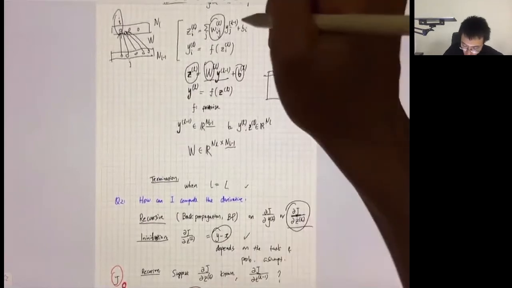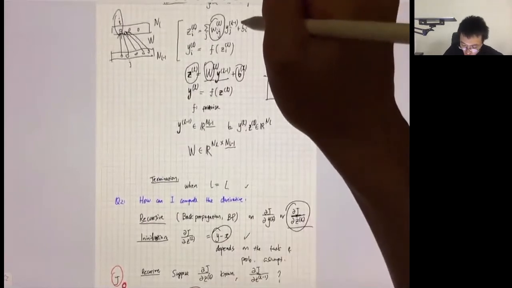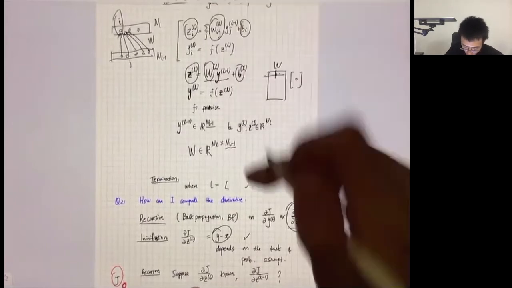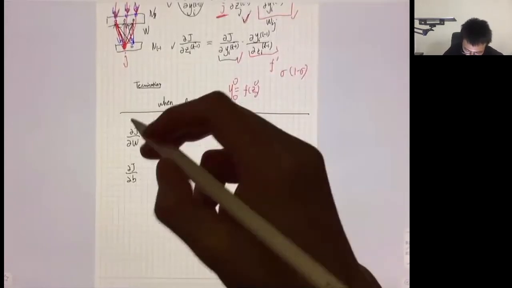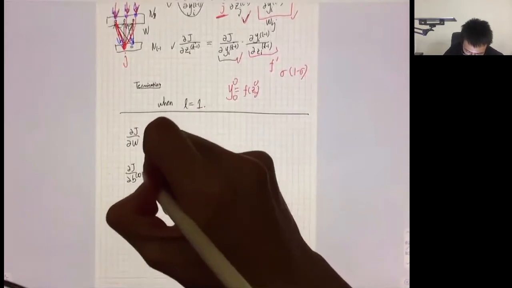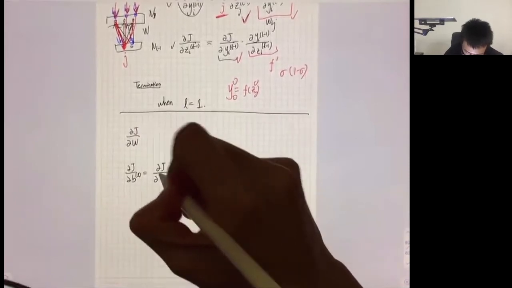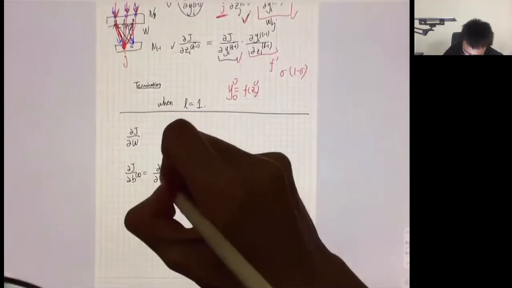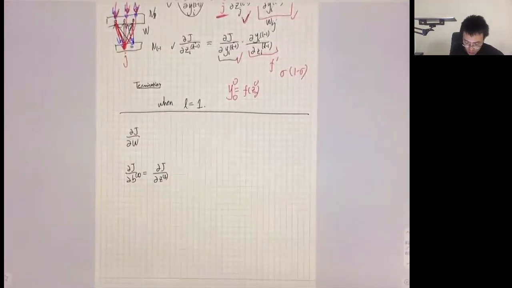So what is the partial derivative of J with respect to B, okay, it's the same as partial derivative of J with respect to Z, okay? So the partial derivative of J with respect to B for that layer is the partial derivative of J with respect to Z for that layer, okay?